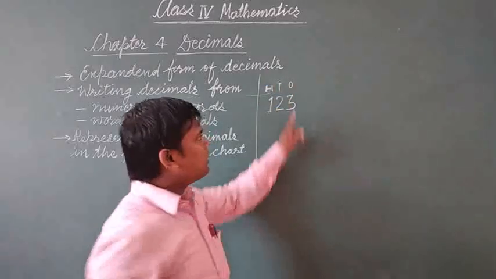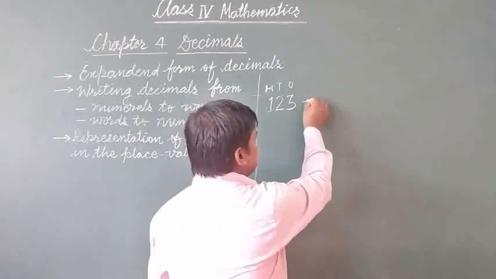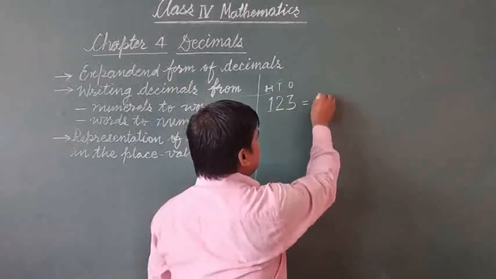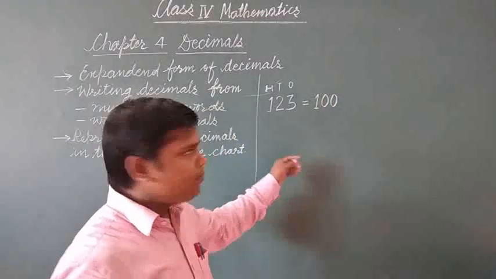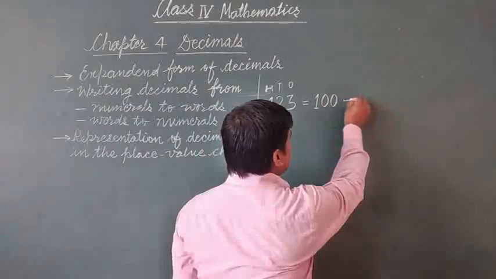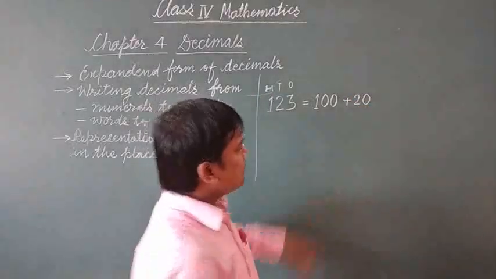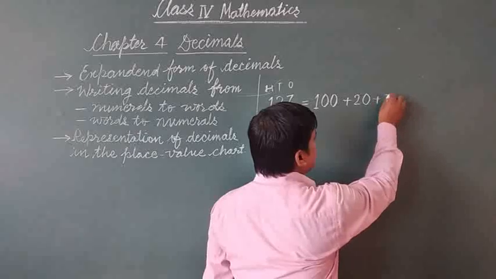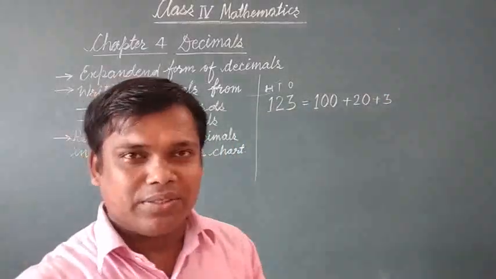This can be written as: 1 is at the hundreds place, so it should be 100. 2 is at the tens place, so you write 20. And 3 is at the ones place, so you will write 3.